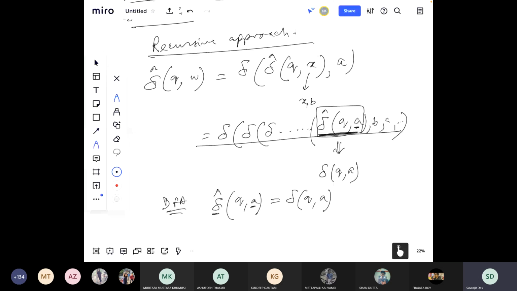You substitute that state at the innermost point, right? And then you have del p comma b, something like this, p comma a. And if del p comma a exists, then only you go on reducing the whole equation. So intermediate states must exist.